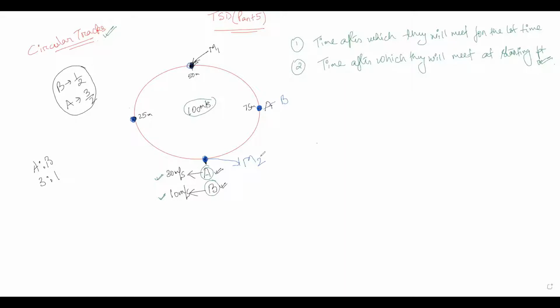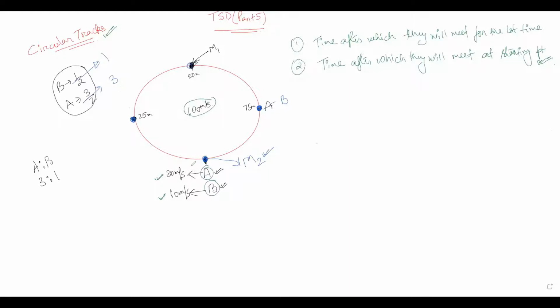Now again, to meet for the second time, A has completed 1 complete round more than B. So now when B has completed 1 complete round, in that case, A has completed 3 complete rounds.